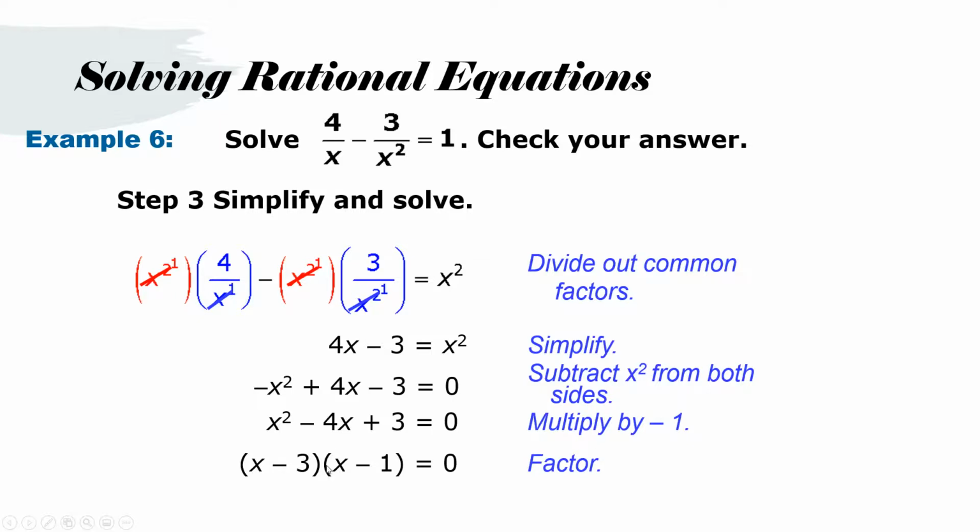Another, if we equate this other factor to 0, what would be the number that, if we subtract 1 from it, the answer is 0? Yes, the answer is 1. So the values of x are 3 and 1.